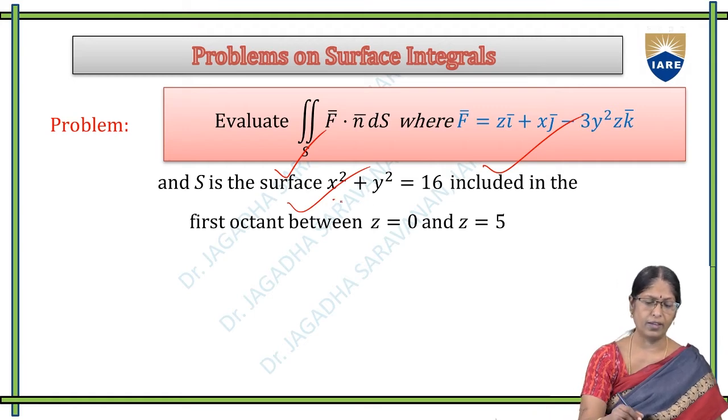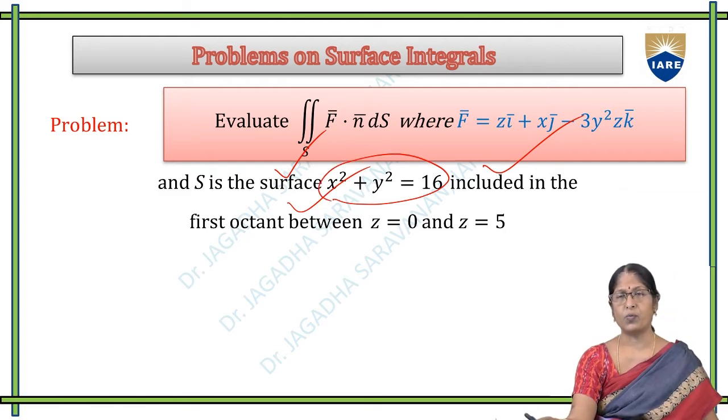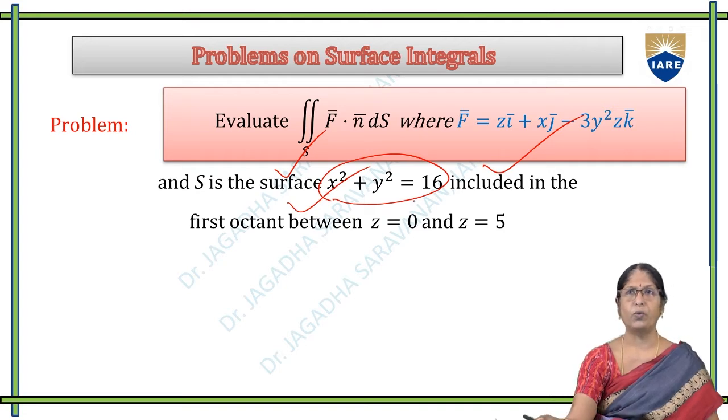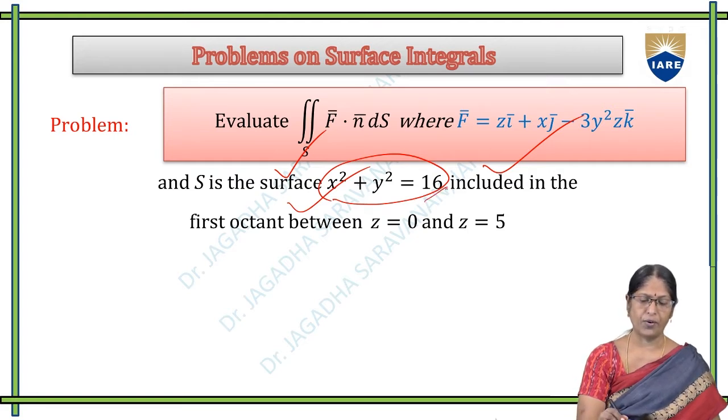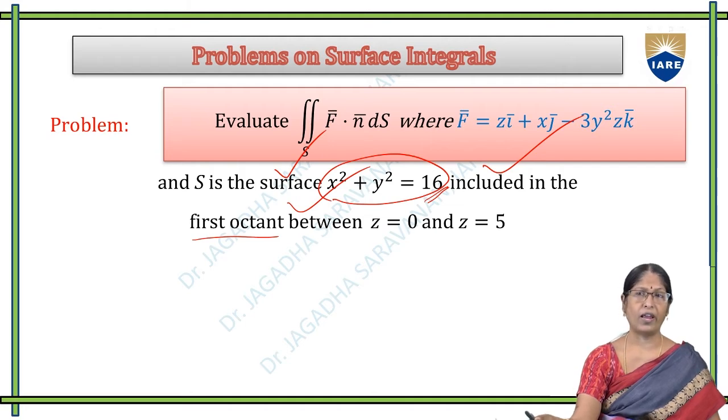We can see here the surface is a circle, a curve. The equation of the circle is x square plus y square equal to a square. So our radius is 4. From the origin, 0 to 4 it moves, and the complete geometrical figure lies in the first octant, and z takes the value from 0 to 5.